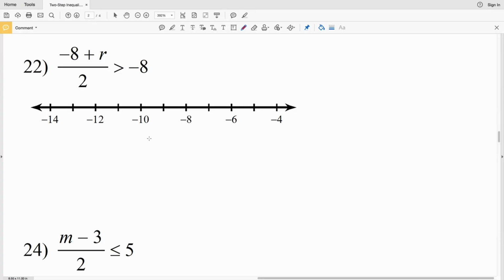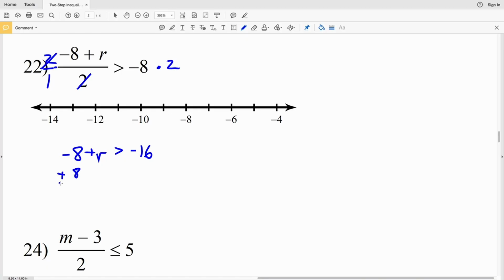On to number 22. Negative 8 plus r all over 2 is greater than negative 8. Start by multiplying by 2 over 1, and we'll get that negative 8 plus r is greater than negative 16.